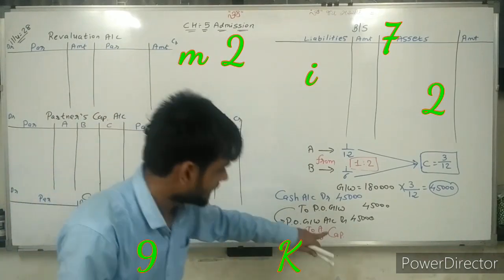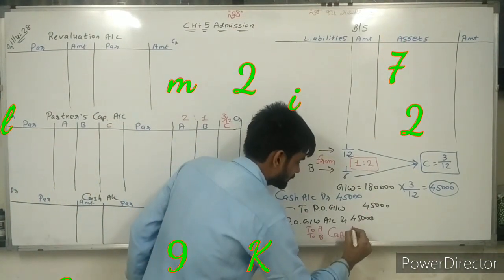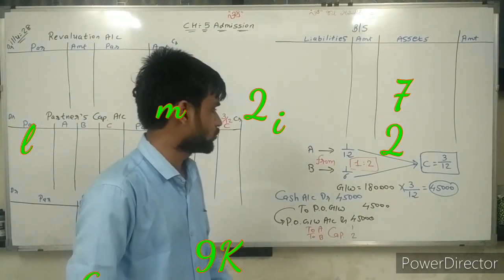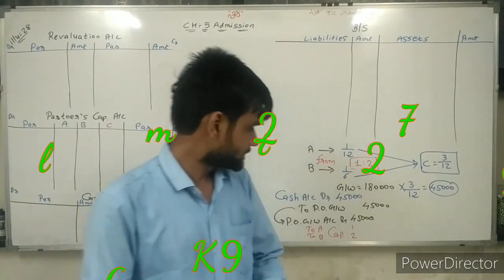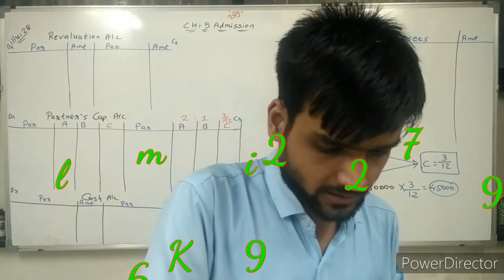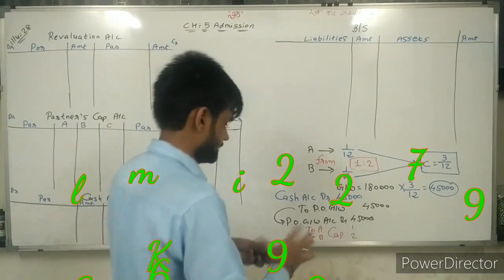Suppose current accounts were given, then current accounts would be credited in 1:2. So in the ratio of 1:2 we have to distribute. So 45,000 we are distributing among the partners, then 15,000 and 30,000.